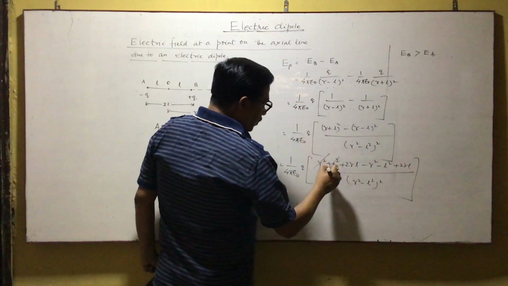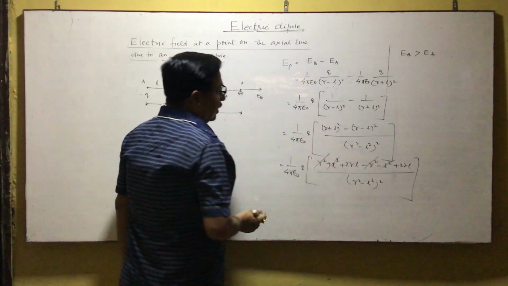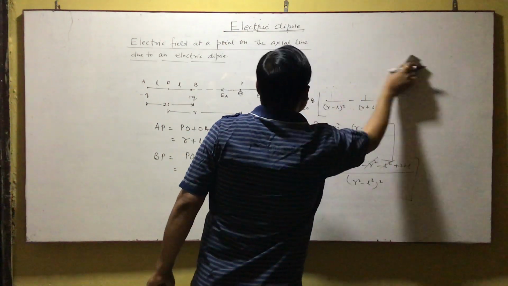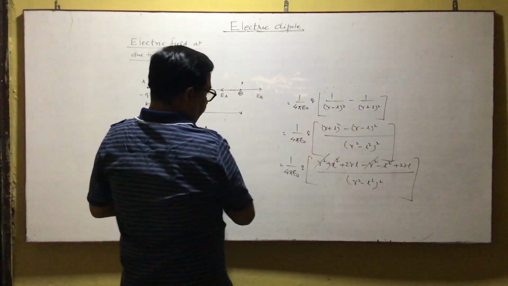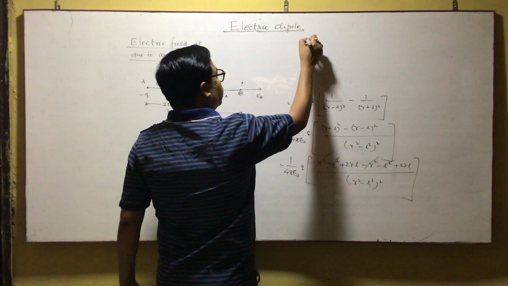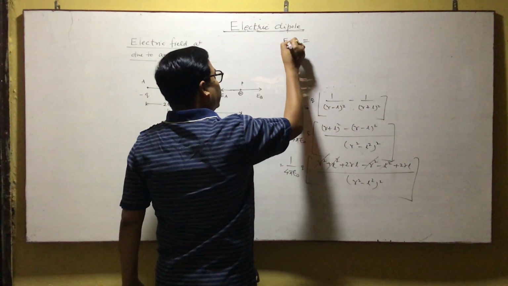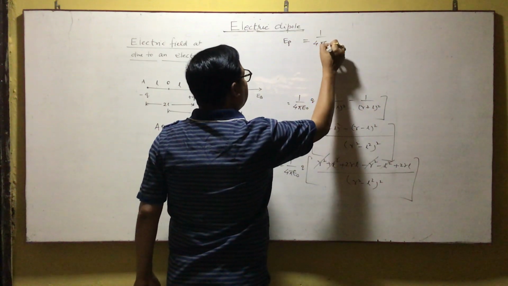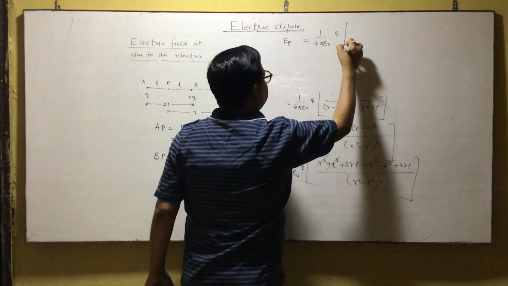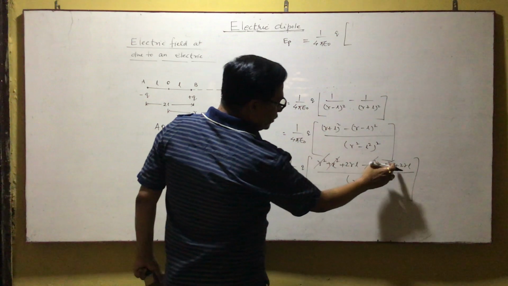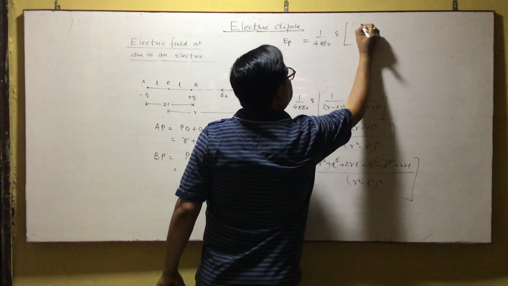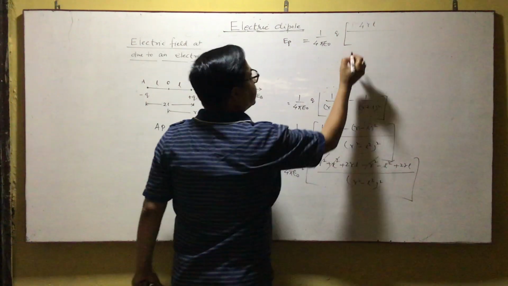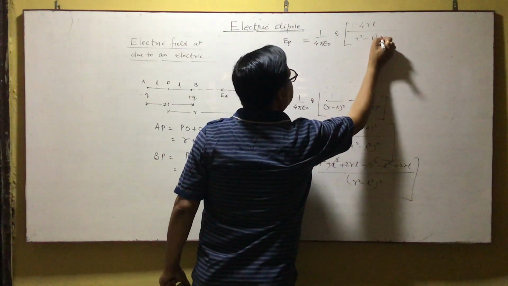So R square and L square cancel, and we have finally the resultant field is 1 by 4 pi epsilon naught Q. In the bracket we can write 2RL plus 2RL is 4RL upon (R square minus L square) whole square.